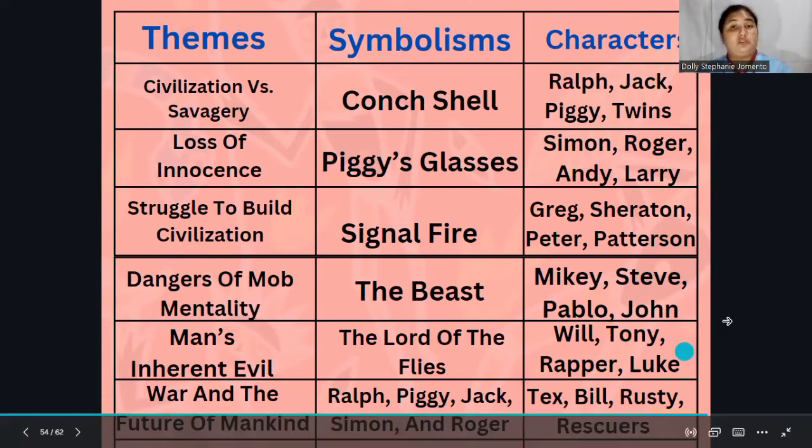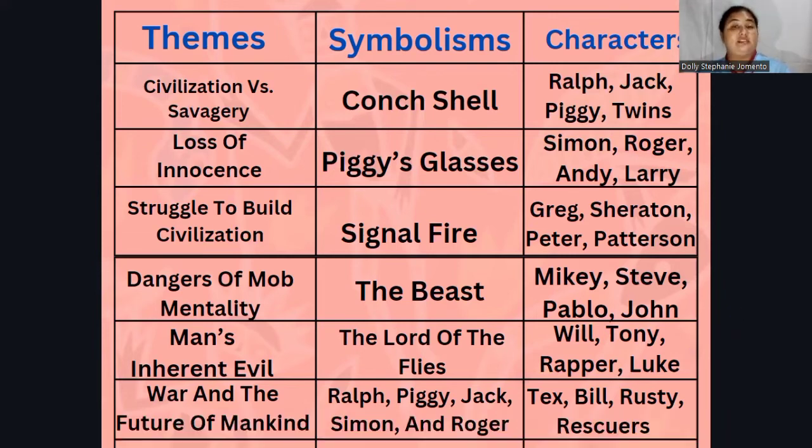Next is Piggy's glasses. So Piggy is the most intelligent, rational boy in the group, and his glasses represent the power of science and intellectual endeavor in society. This symbolic significance is clear from the start of the novel when the boys use the lenses from Piggy's glasses to focus the sunlight and start a fire.